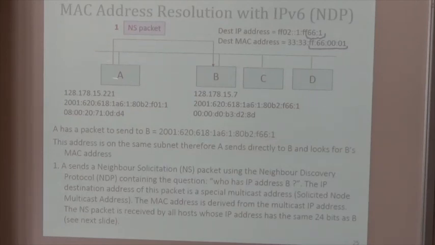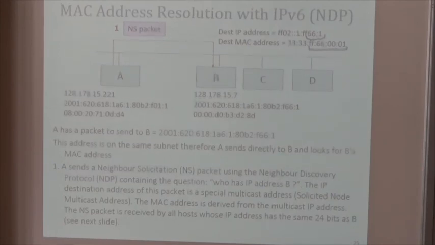So A wants to speak to B. A knows the destination address of B through some mechanism, through DNS or by responding to a server query. Then it will broadcast, between quotes, a packet that is called a neighbor solicitation packet.